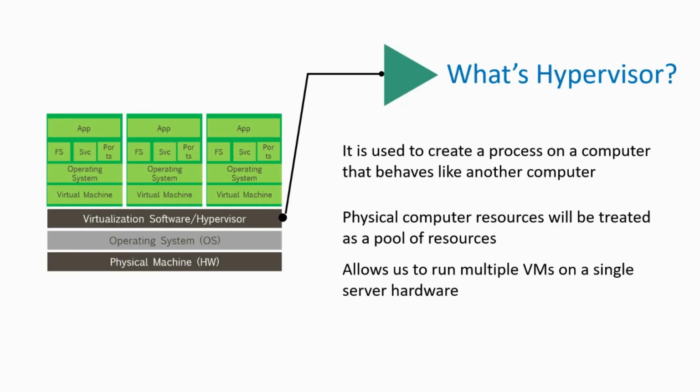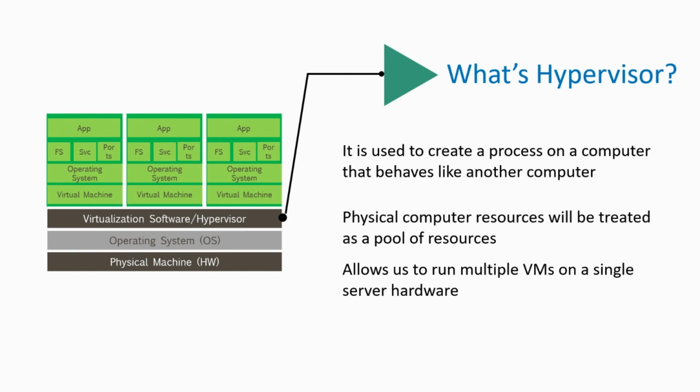Before that, we need to know what a hypervisor is. I mentioned this term hypervisor in the preceding slide. A hypervisor is used to create a process on a computer that behaves like another computer. You have a physical hardware here, and I'm going to use the hypervisor to prepare another kind of computer here as a virtual machine.